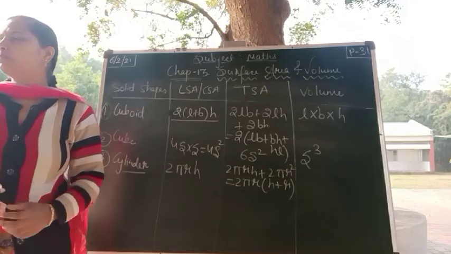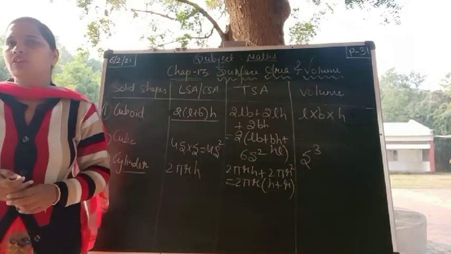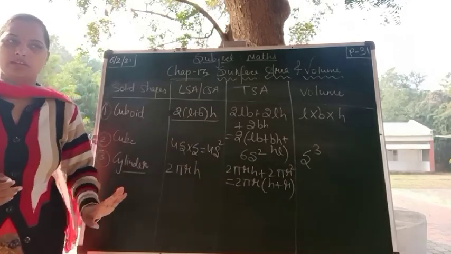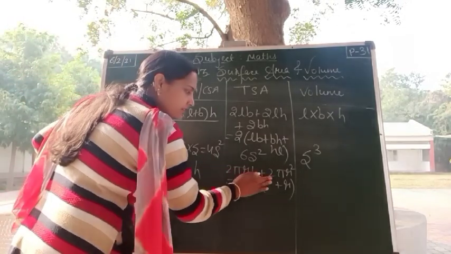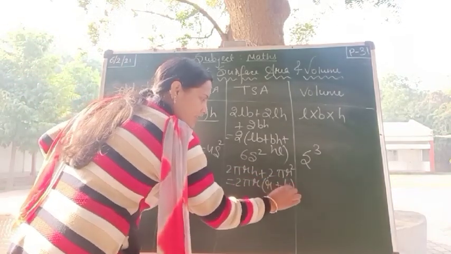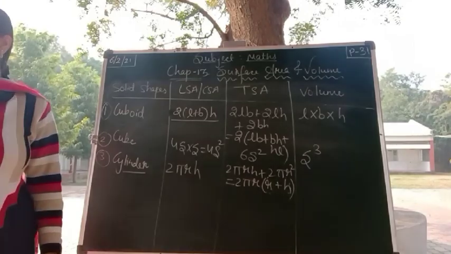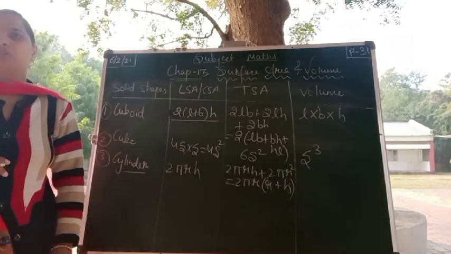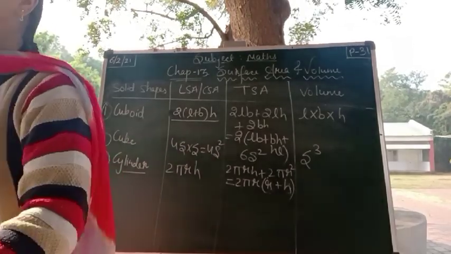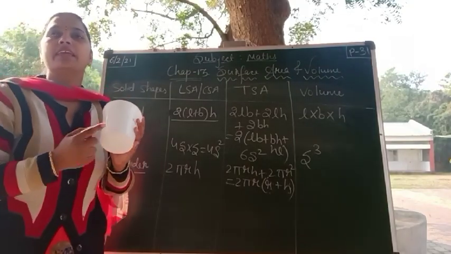So 2 pi r, r plus h, or you can say 2 pi r, h plus r. Clear? But it is easy to learn r plus h. 2 pi r plus h inside the bracket. Now tell me about the volume. Again, the basic formula of volume is area of base.